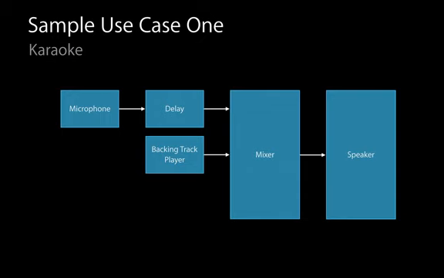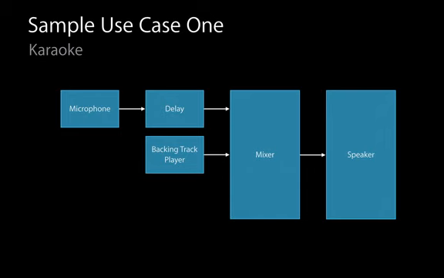Now, before we actually jump into the engine's building blocks, I thought I'd give you two sample use cases to give you a little flavor of what you'll be able to do using this API. So the first sample use case is a karaoke application. You have a backing track that's playing, and the user singing along with it in real time. The output of the microphone is passed through a delay, which is just a musical effect, and both of these audio streams are mixed and sent to the output hardware.